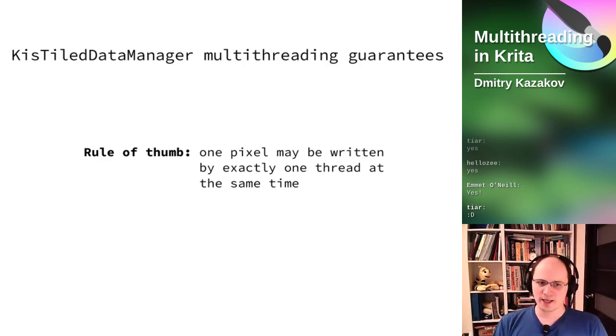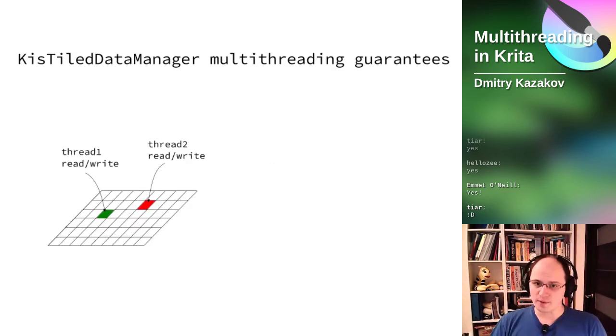It means that you can read whatever part of the image or whatever part of the Paint device from as many threads as you like, but you can write the same area only from one thread. I'll show you some examples.